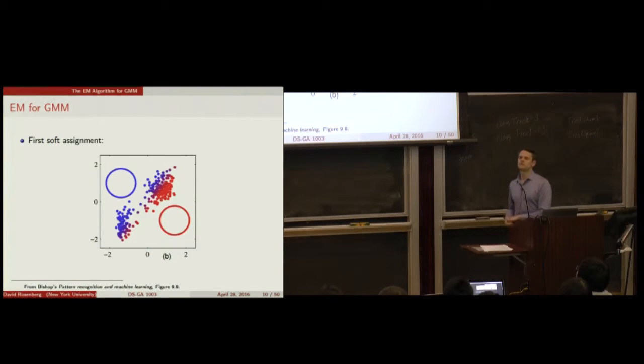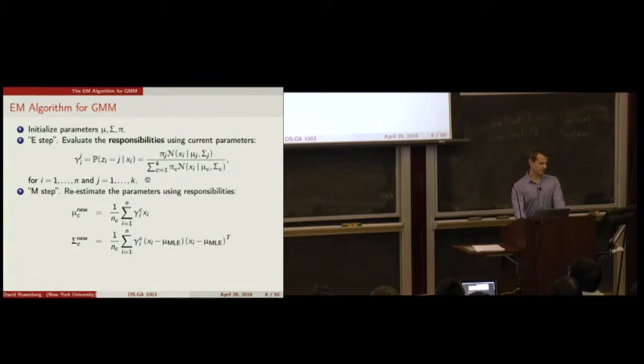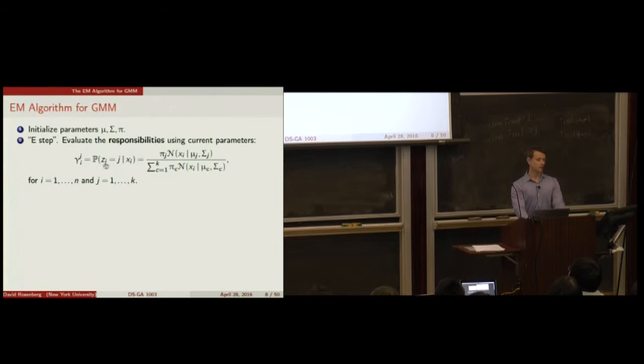Are there situations where you're doing the assignment based on something other than distance? So the assignment here is based on a probability. Sure, that's easy. Let's go back to where we calculate that probability.